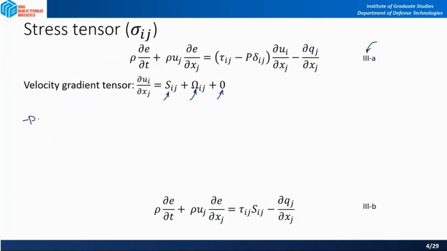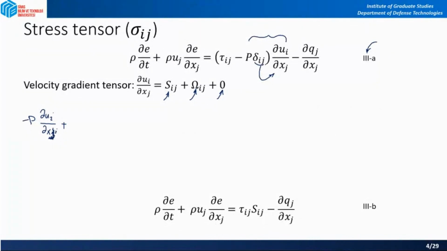Where does the first term come from? If the operator delta ij acts on dui/dxj, it will be dui/dxi.